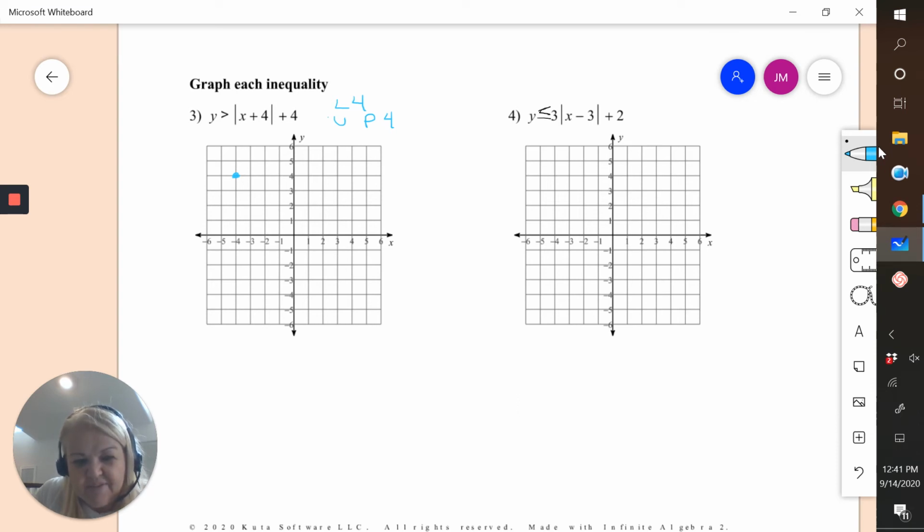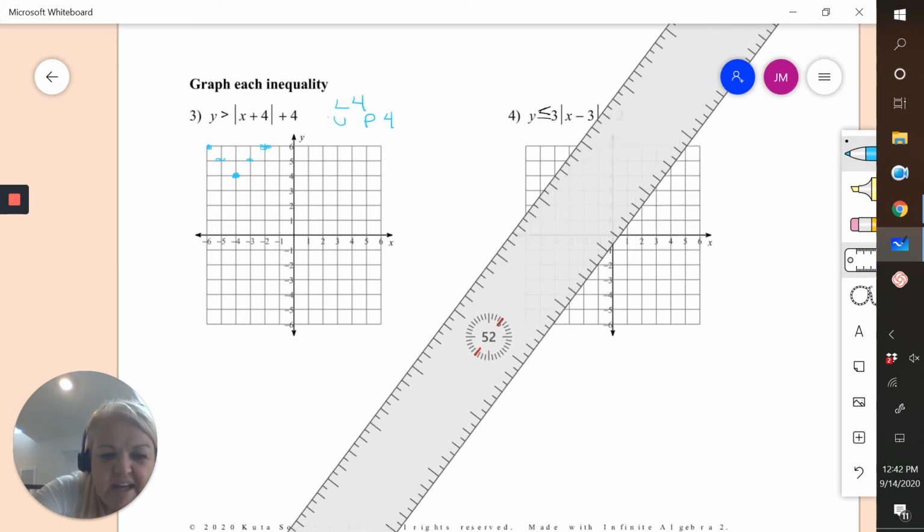Since the number in front is 1, I go up 1 over 1 this way, up 1 over 1 this way, up 1 over 1, up 1 over 1. This only works in absolute values. Never ever do this in quadratics. That's the way, basically this has no stretch.